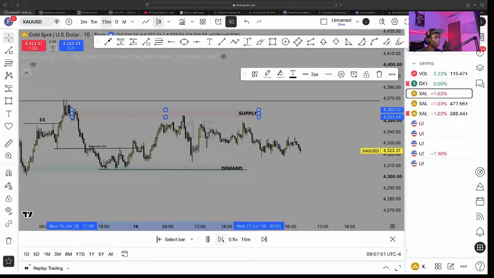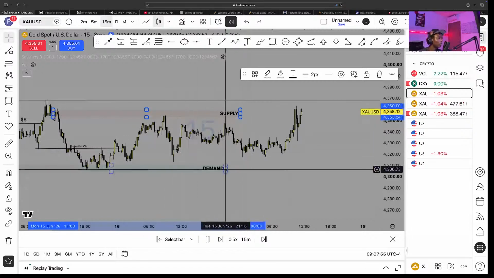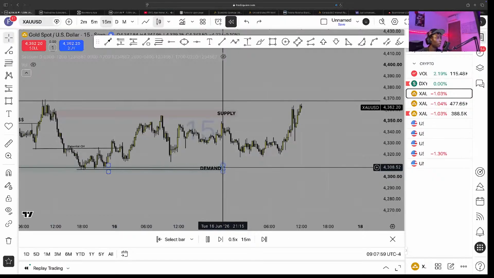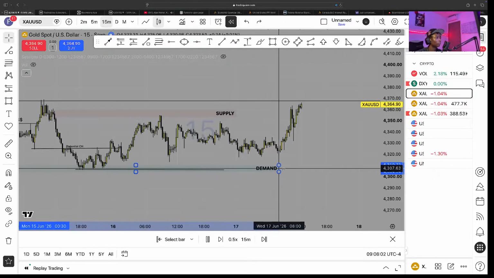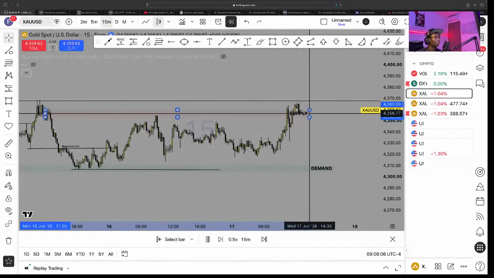When supply is out, demand will take over. So for me, I don't trade in the middle. I only buy from demand, and I only sell from supply. So you guys can see how this saved me a lot of noise.